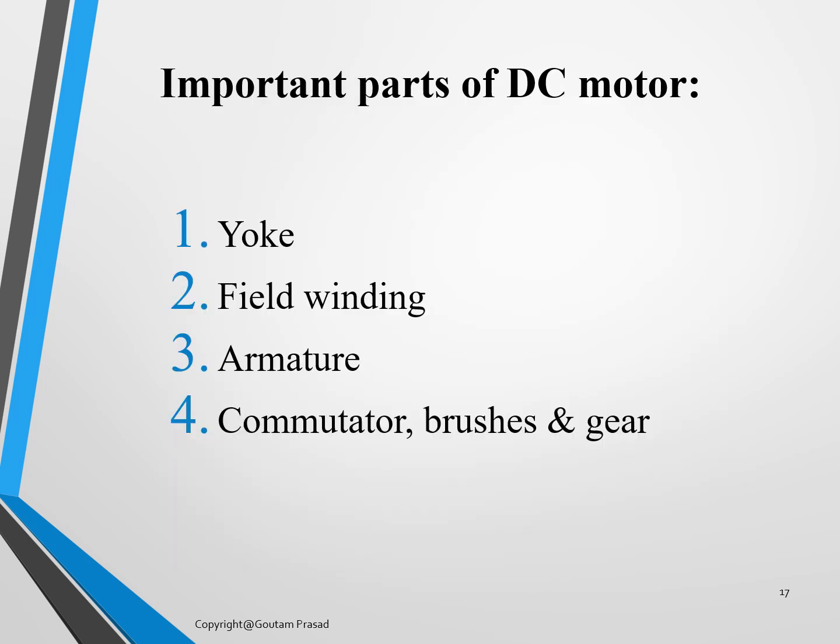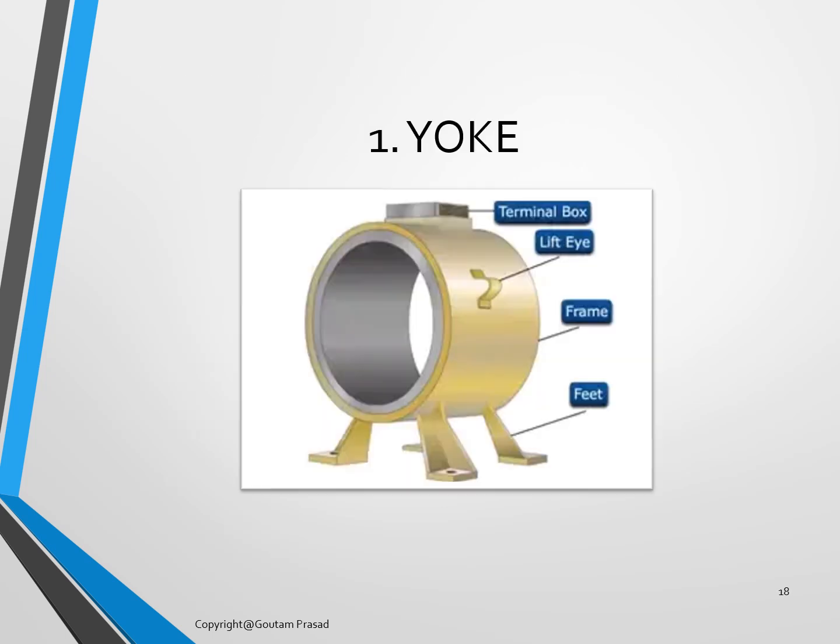So the important parts of the DC motor are the yoke, field winding, armature, commutator, brushes, and gear. Gear means brush holders with gearing mechanism. Yoke is this one. You have the terminal box.